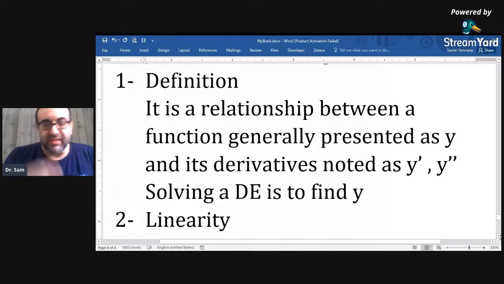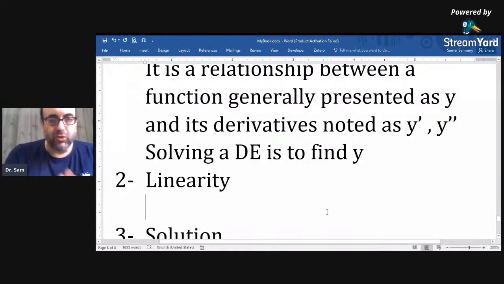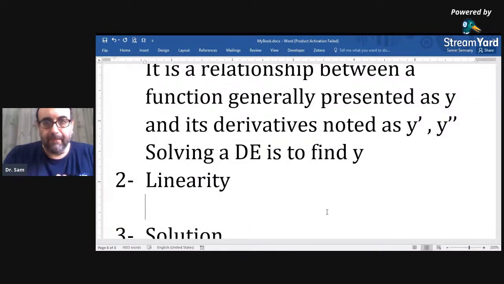What is a linear differential equation? A linear differential equation is an equation where y prime, y double prime are on the first power, not second power, not third power. So they must be first power.